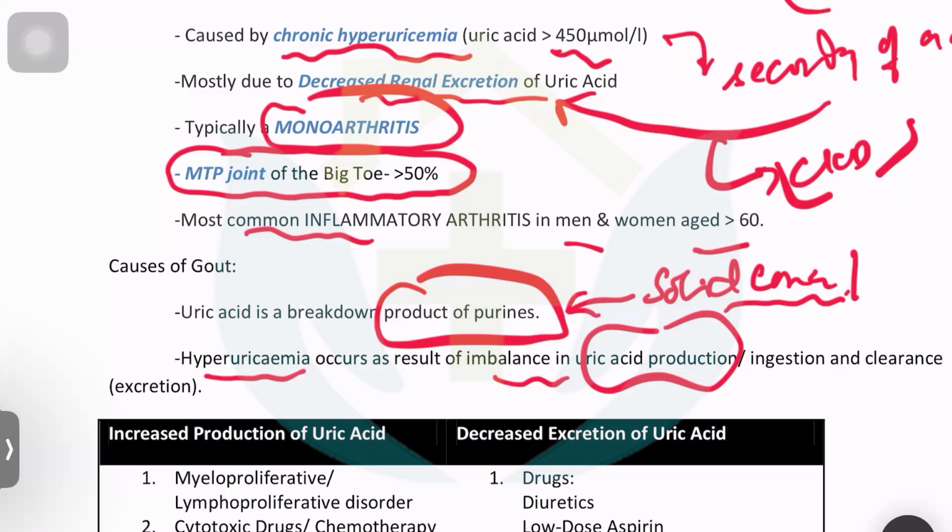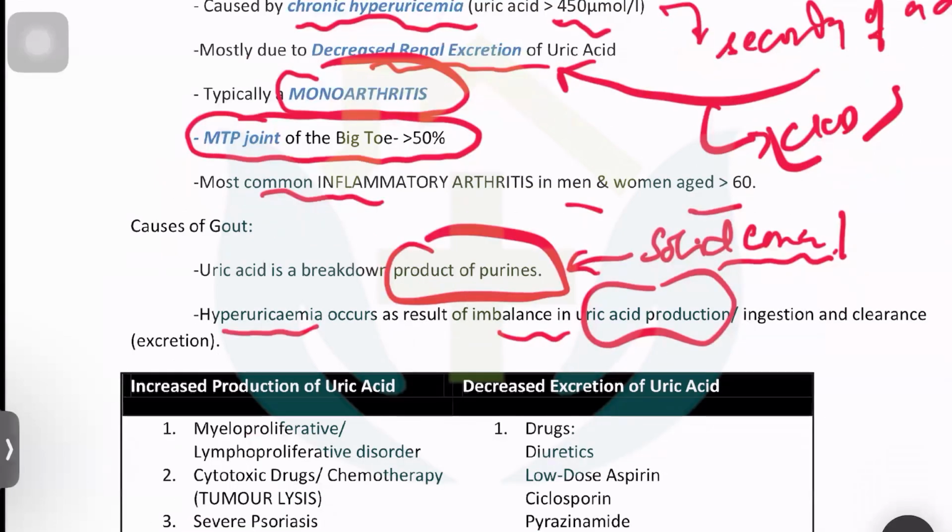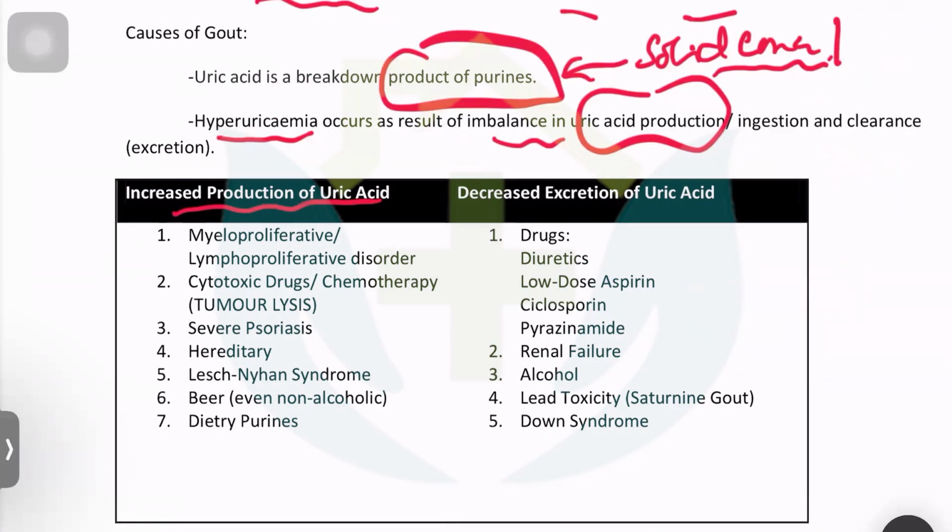And the second reason is when the excretion is decreased. So whatever is being produced will accumulate gradually because the excretion is decreased, leading to symptoms of gout. So what are the increased production of uric acid syndromes?